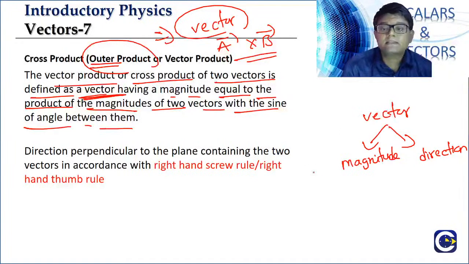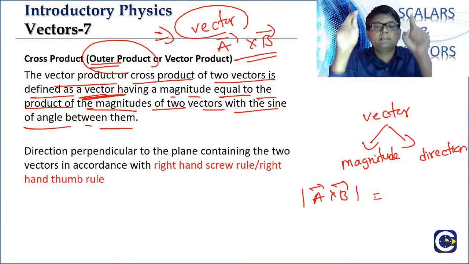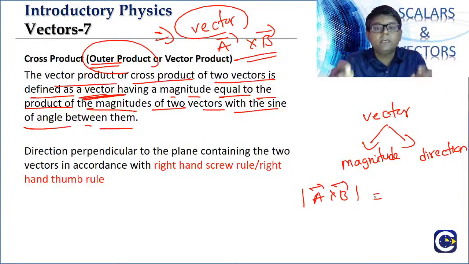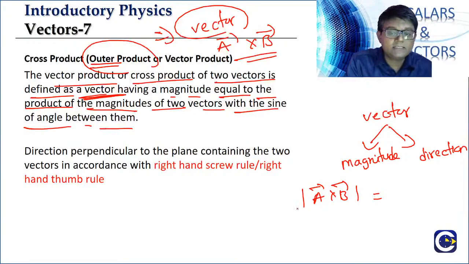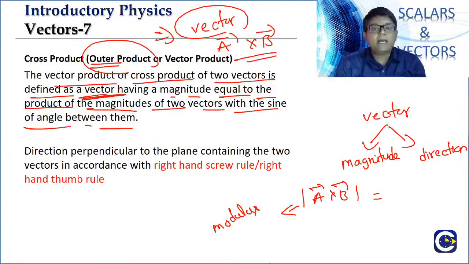So this A bar cross B bar is a vector. What is the magnitude of that? Remember, how do we represent the magnitude of any vector quantity? We put two vertical lines, and we call it modulus. This represents the magnitude of A bar cross B bar.